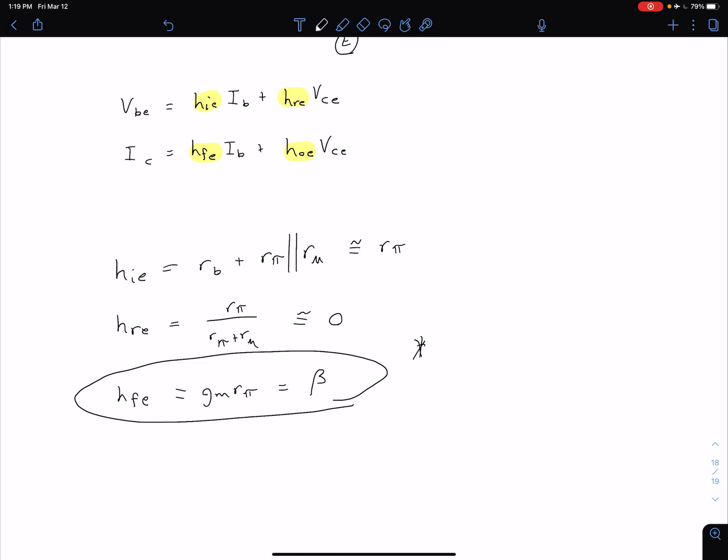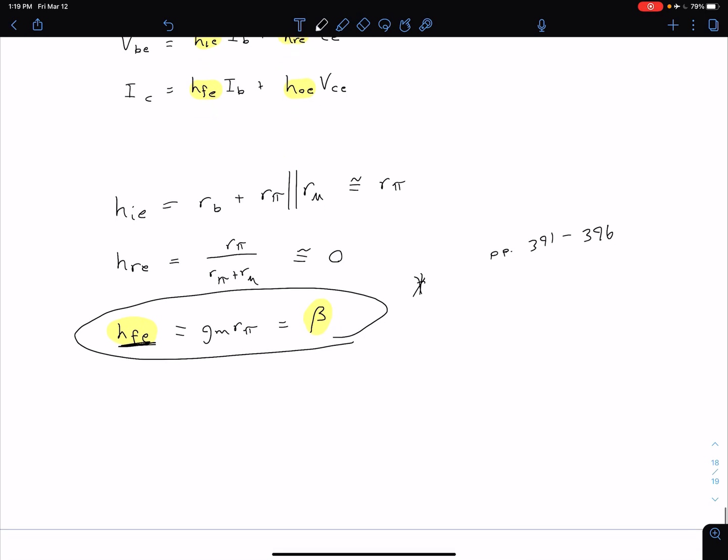Oftentimes this is what we'll find on data sheets. You won't see the beta, but instead on data sheets what you'll see is an HFE parameter, so it's useful to know that those are the same thing. You can look in the textbook for some more information on data sheets. On pages 391 to 396, you can see more information on that, as well as some sample data sheets where you can actually see this HFE parameter given.